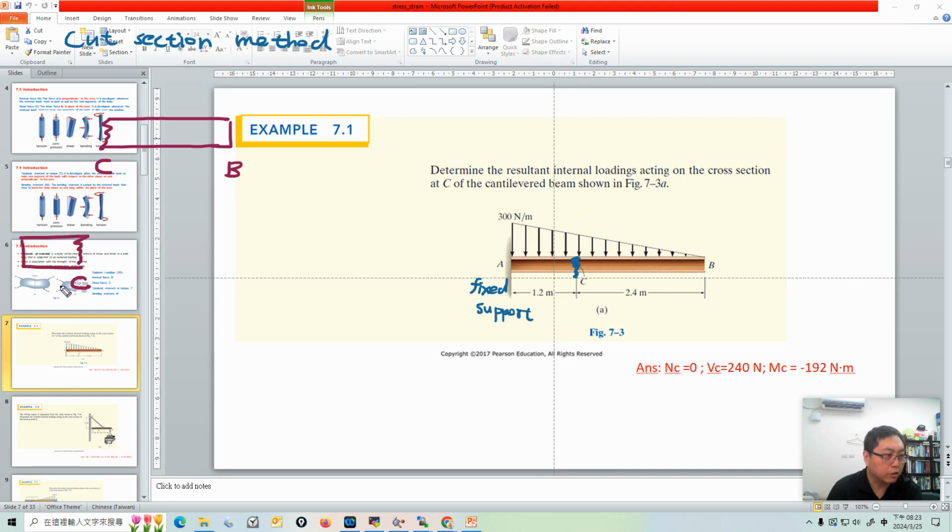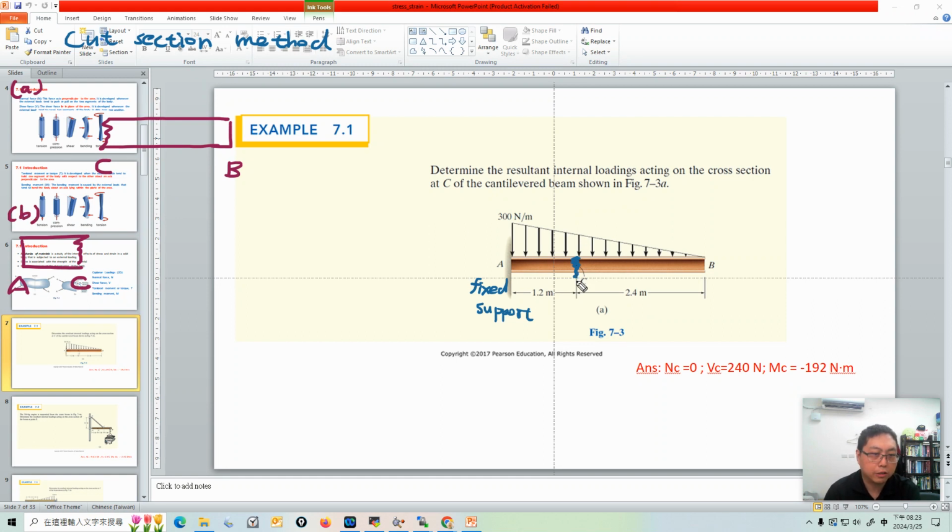Because you cut this section and split the beam into two parts, you can calculate the BC section, and you can also calculate the AC section. You have two ways to analyze this problem.